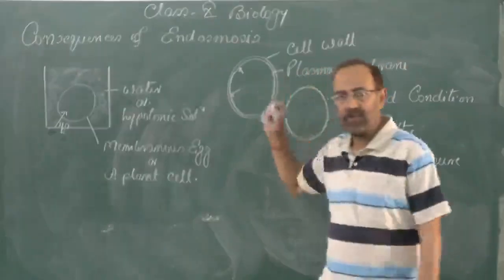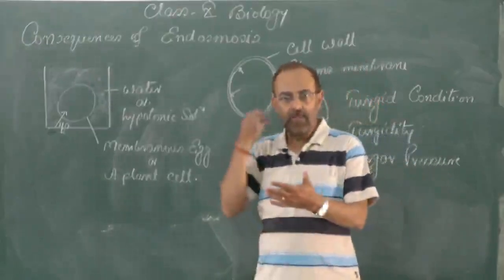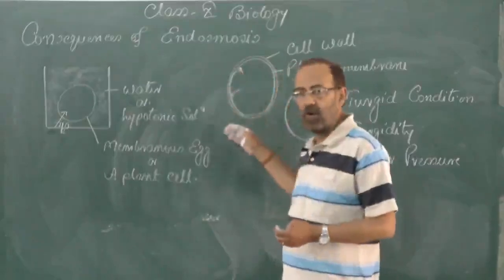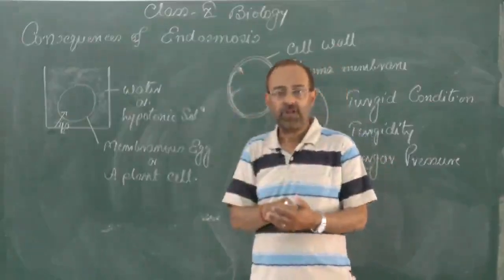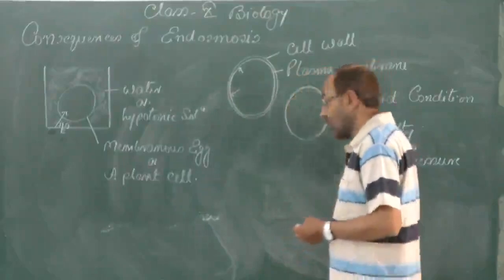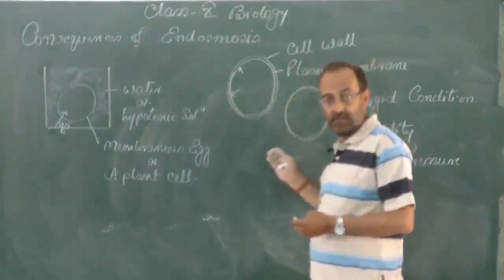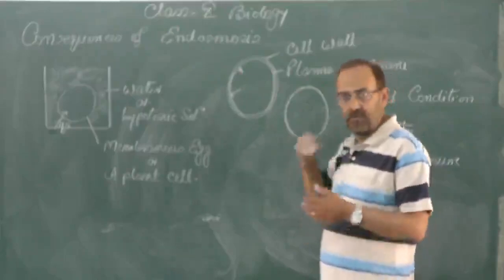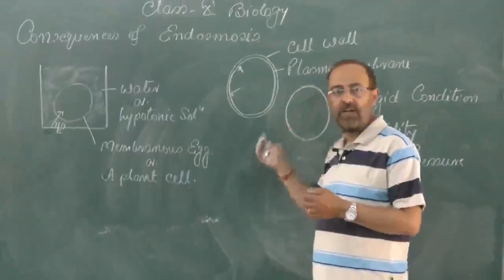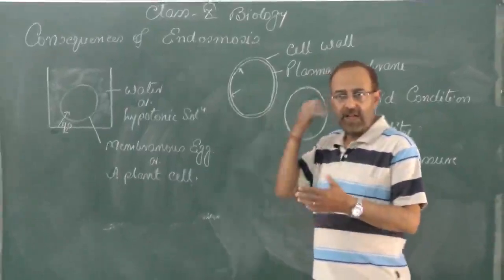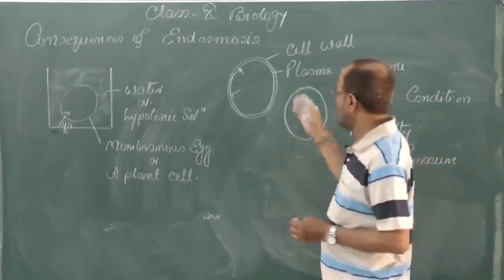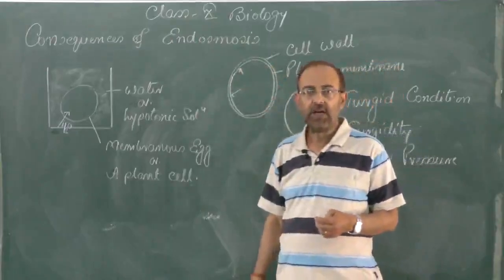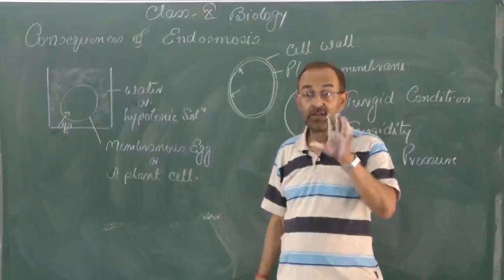will apply force onto the cell wall. And this force which is exerted from within a turgid cell and experienced on the surface of the cell wall is known as the turgor thrust.